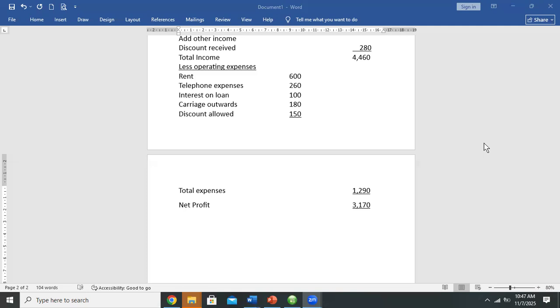Likewise, the income statement of a sole trader who is buying and selling goods will be the trading and profit and loss account. So note these distinctions, and I think we are good to go. So professors, that is the profit and loss account.